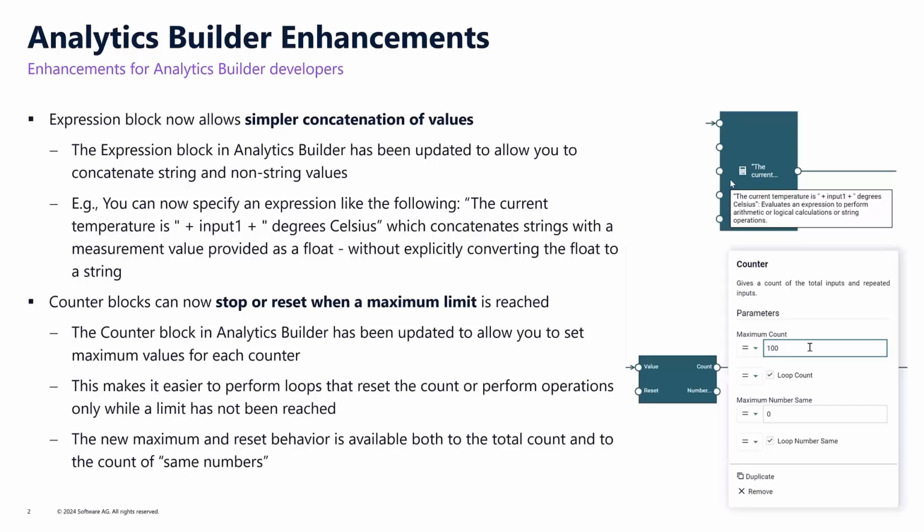So you could wait for 10 measurements to come in, and then you could send an update message and then do the same operation again, counting to 10 using this block. And you can use this behavior whether you're counting the total number of items that have come in, or whether you're counting the items of the same value, the same number. So it's just a nice usability enhancement to the counter block.